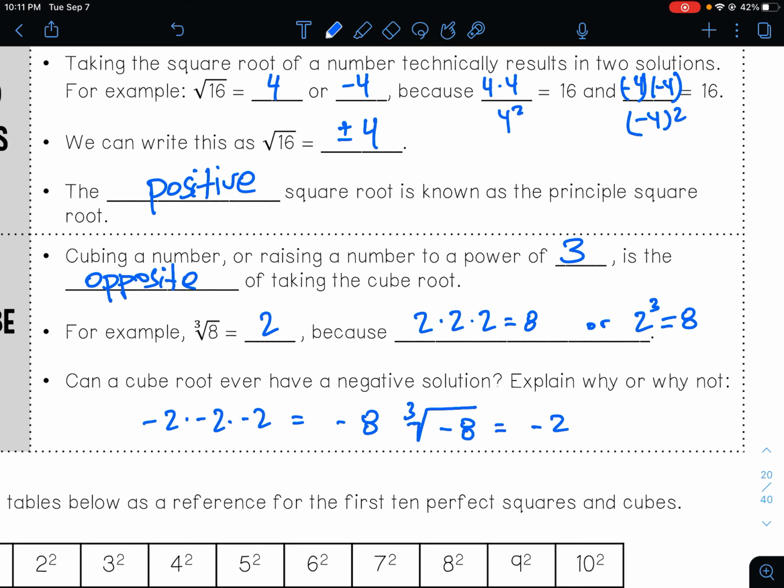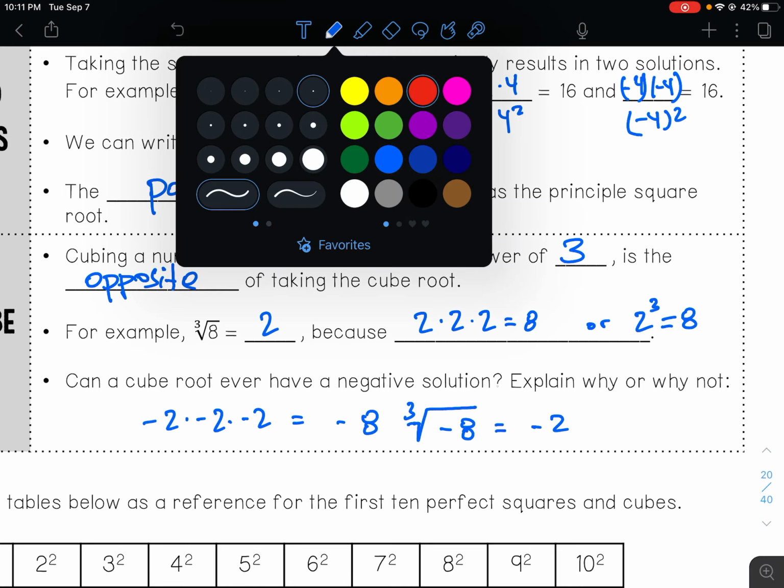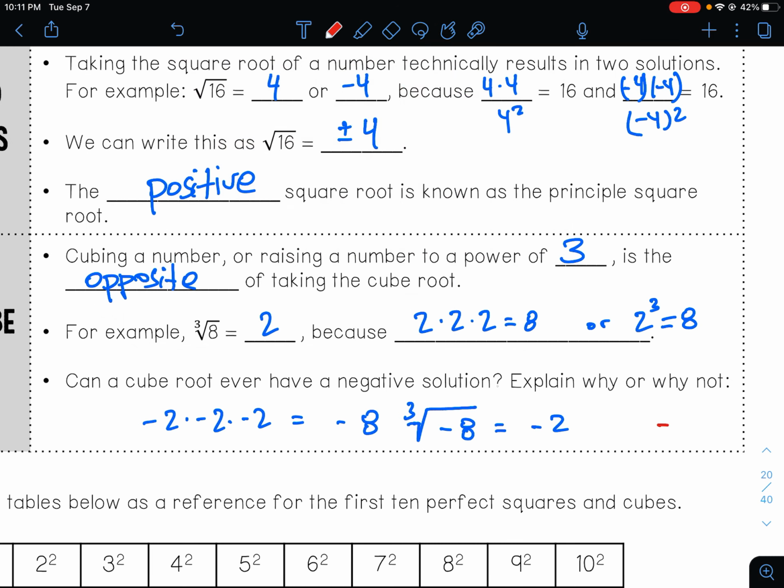Now, that is different from a square root, because with a square root, you can't have, for example, the square root of negative 9. That's technically impossible, because what number times itself equals negative 9? It's not 3 times 3, because that equals positive 9. And it's also not negative 3 times negative 3, because that's also positive 9.